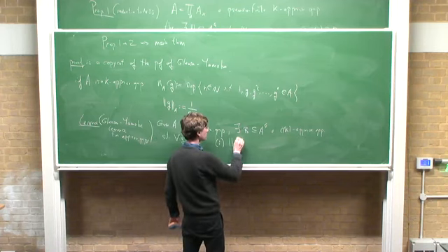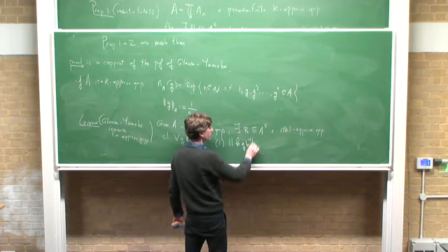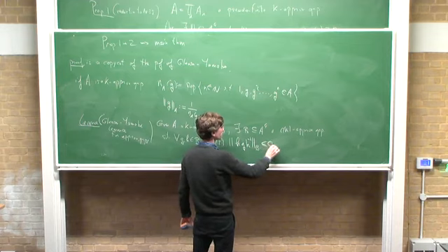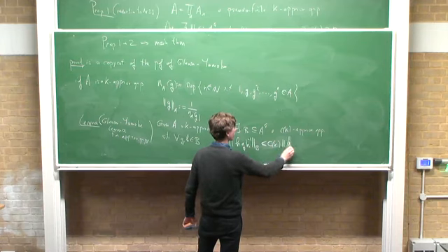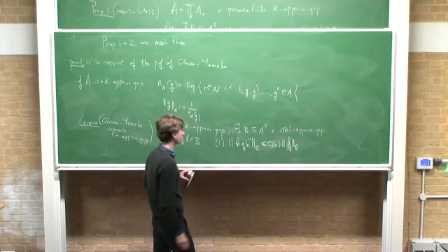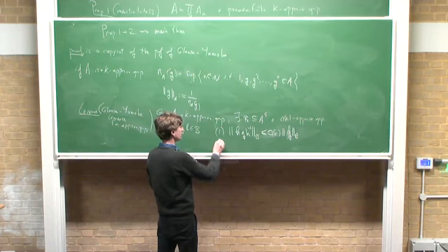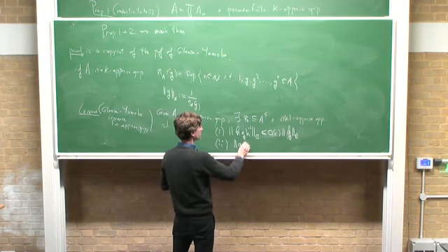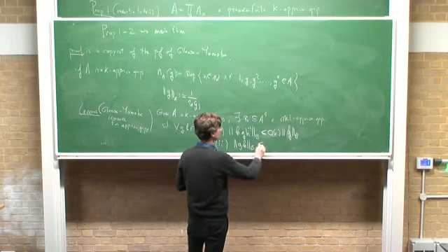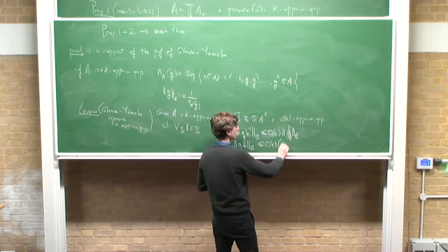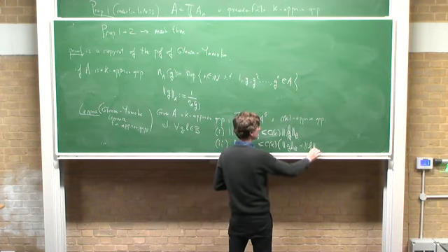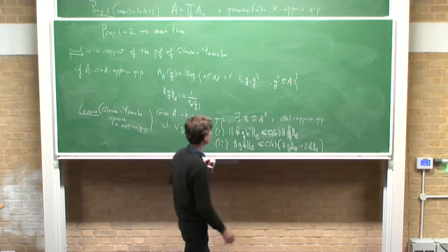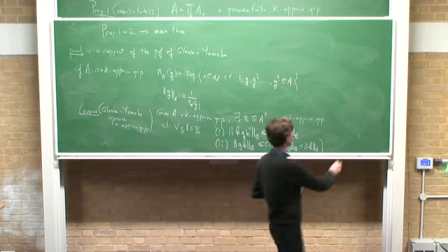The escape norm of the product is at most a constant times the escape norm of H plus the escape norm of V. That's the escape norm of the product. And finally, the same thing with the commutator.